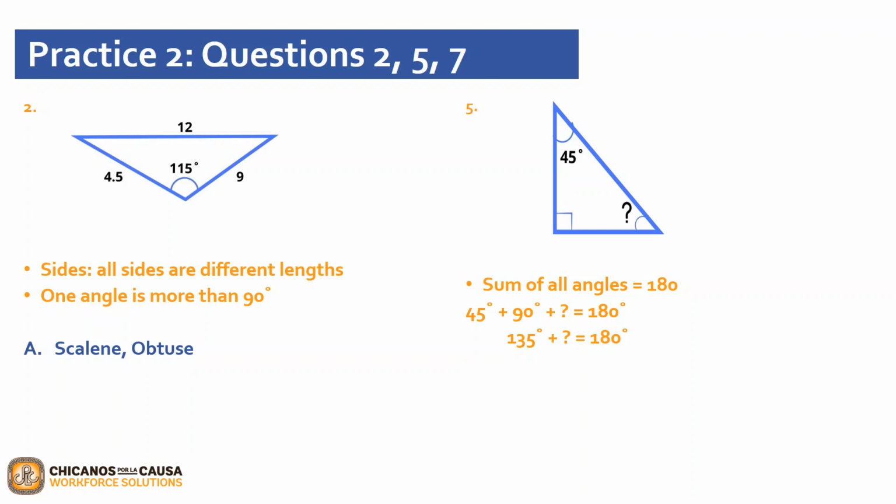So we're going to subtract 135. But what we do on one side, we have to do on the other. So then we will subtract 135 from the left side and subtract 135 from the right side. That leaves us with 45 degrees. Therefore, our unknown angle is 45 degrees.